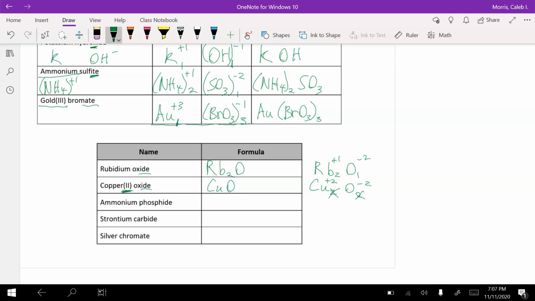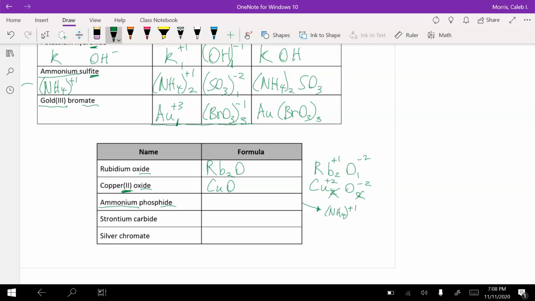Then we have ammonium phosphide. Ammonium is that one that is a polyatomic ion. We see it up here. It's NH4+. I'm going to show my work down a little bit farther because I'm running out of space. NH4 plus 1. And then phosphide, let's see, ide probably means on the periodic table it's just a nonmetal.